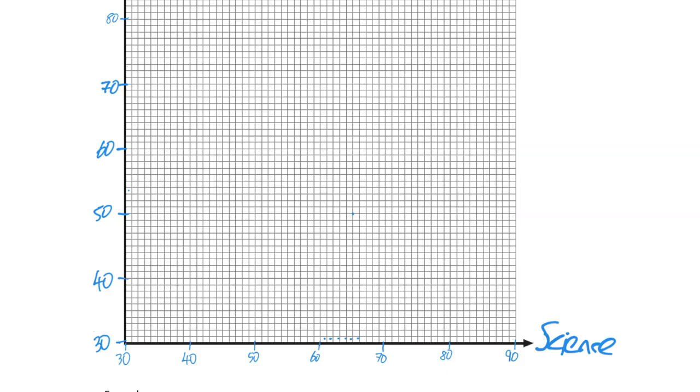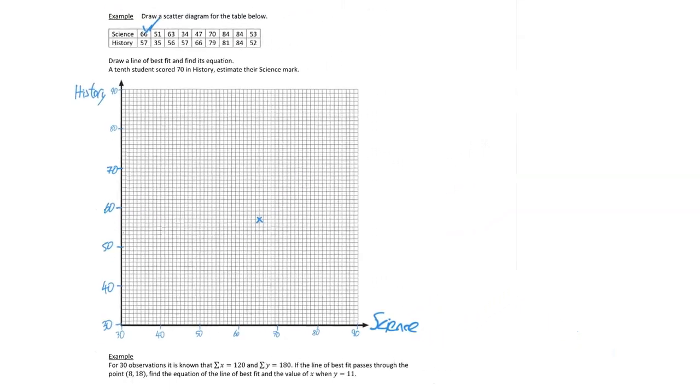Let me just check that. Normally I would use a ruler just to make sure that's right. So there's 50. So I'm going up to 57: 51, 52, 53, 54, 55, 56, 57. And there I have 57 marked on. Those lines and dots that I put on, I would not normally have those on. That is just to keep me right when I'm trying to do this here. But I've plotted now a science score of 66 and a history score of 57. So there's the first one done.